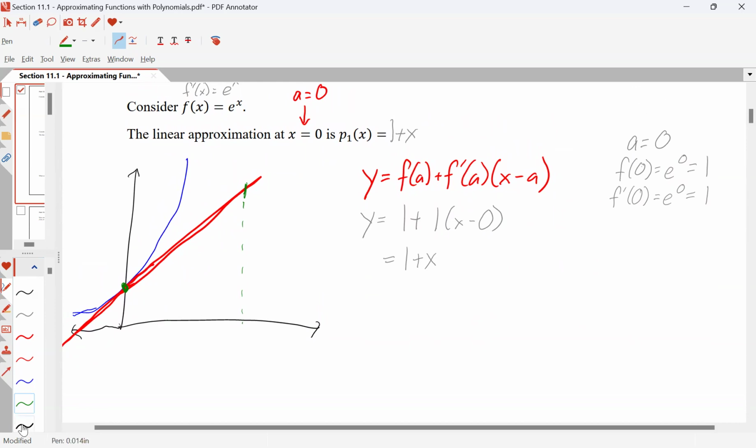But we know a quadratic would have a bit of a curve to it, so it would follow the graph of e to the x a little bit better for a little bit longer. And then a cubic would be even better. A quartic, even better. How do I make a better approximation?